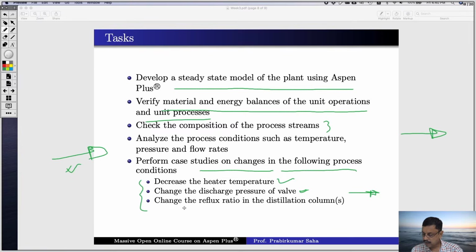And finally, we will change the reflux ratio in the distillation column and see what would be the results of change in reflux ratio. Basically, the distillate condition, that is the purity of the distillate, will depend upon the reflux ratio. So we will see all of them.